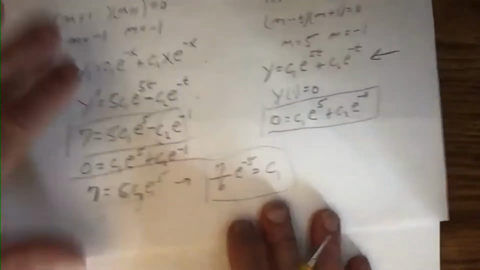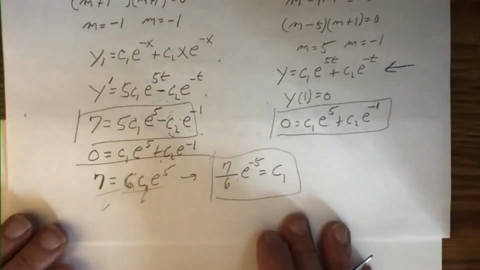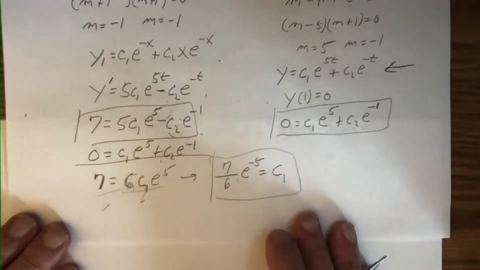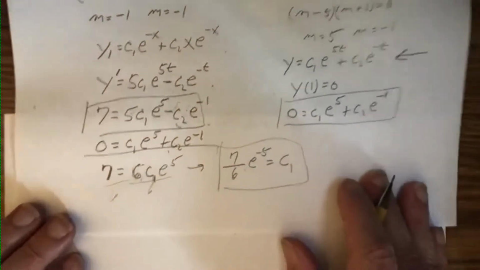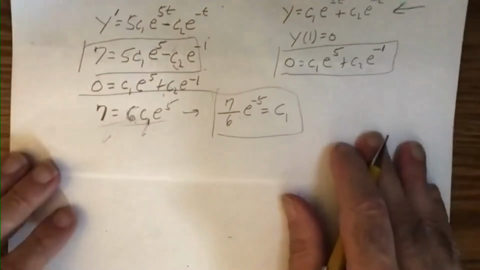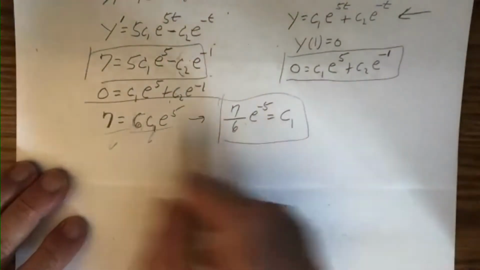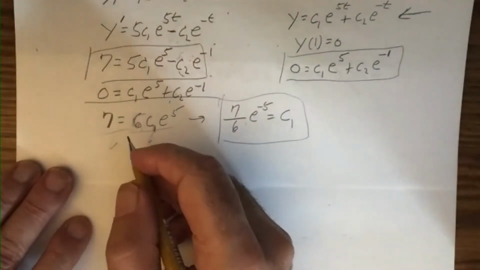So now I've got C1, let's get what C2 is. What's the best way to get C2? I can now use the equation, and I can put my C1 in here. I think that's what I did in my notes.